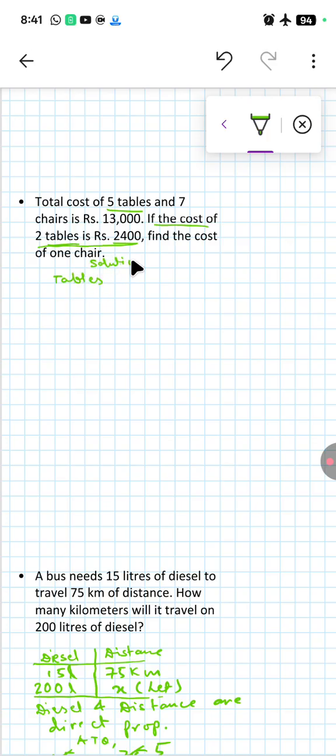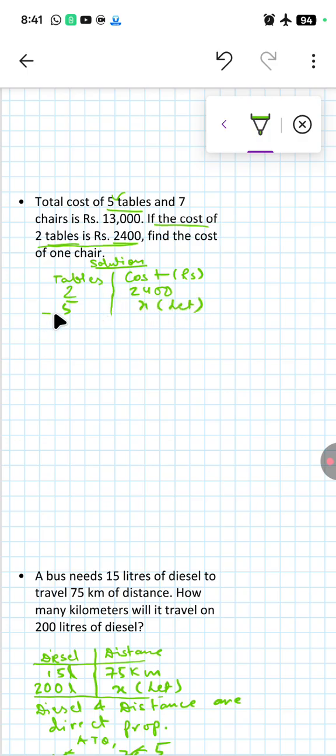Solution. We know the tables and the cost. So the cost of 2 tables is 2,400. Cost is given in rupees. For 5 tables I have to find out how much is the cost. Let it be x.